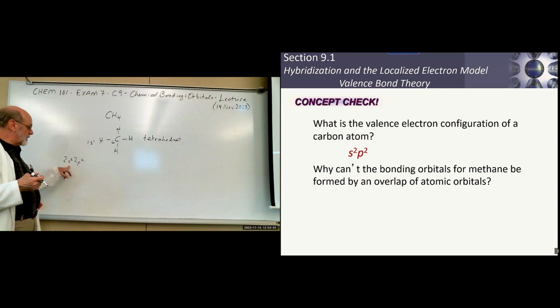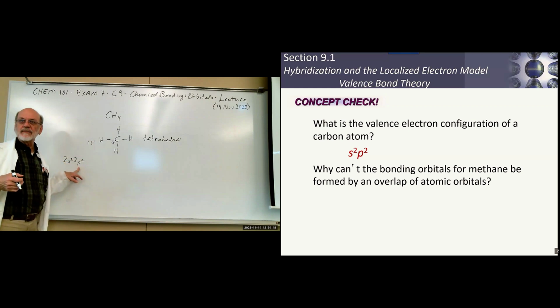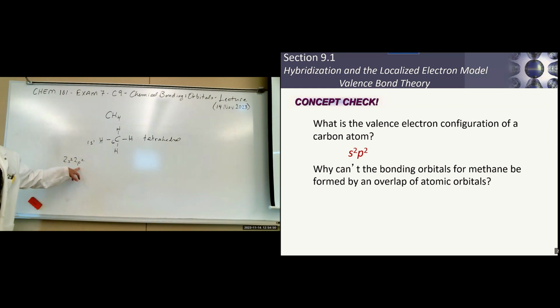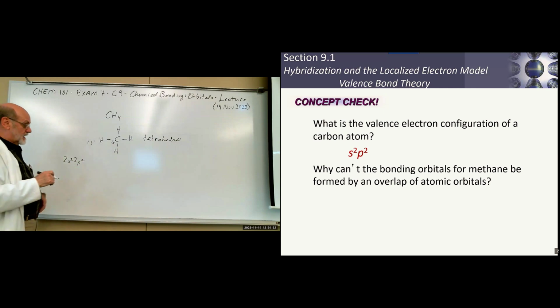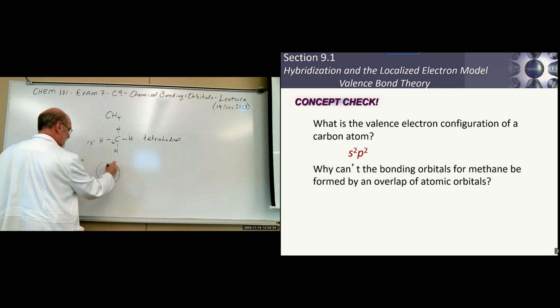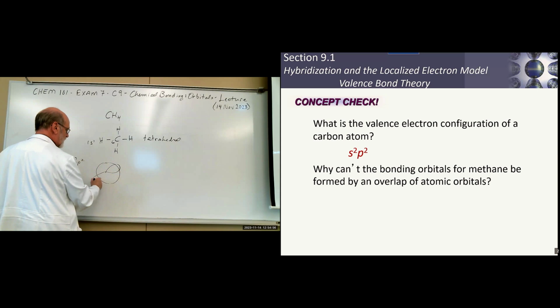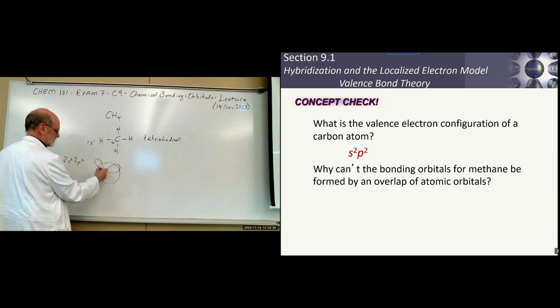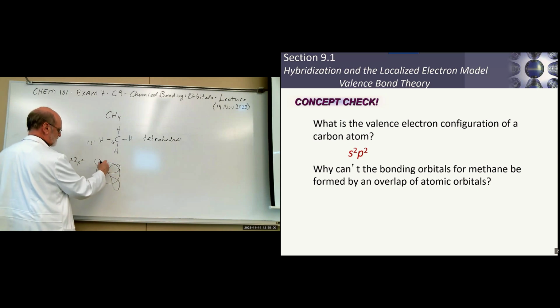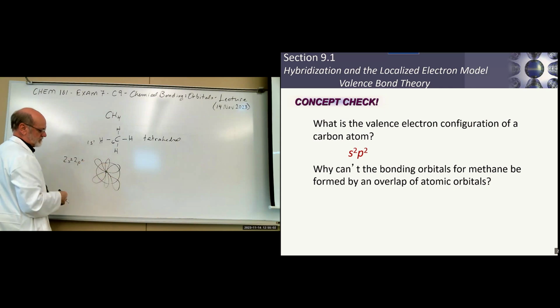So you can get some overlap there with a couple of hydrogens, but the p is dumbbell shaped. It gives you a different angle. The s orbitals are going to be like that, and the p orbitals are going to be like that.